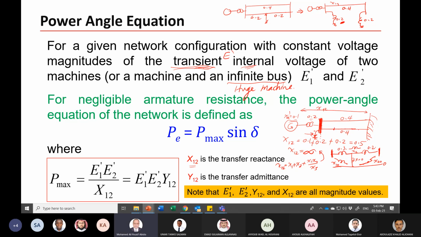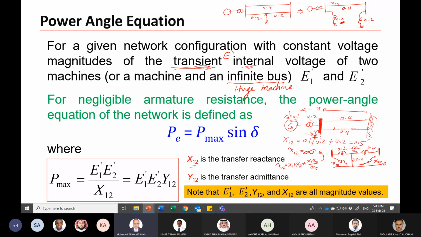If it is somewhere in the line, we still have some power transfer. The power transfer is drastically reduced, but there is still some power transfer from the generator to the infinite bus. So in this case, X12 is different than infinity, but for the fault here, X12 equals infinity.